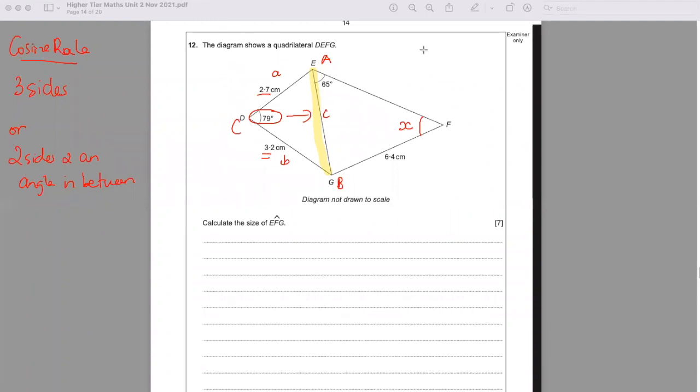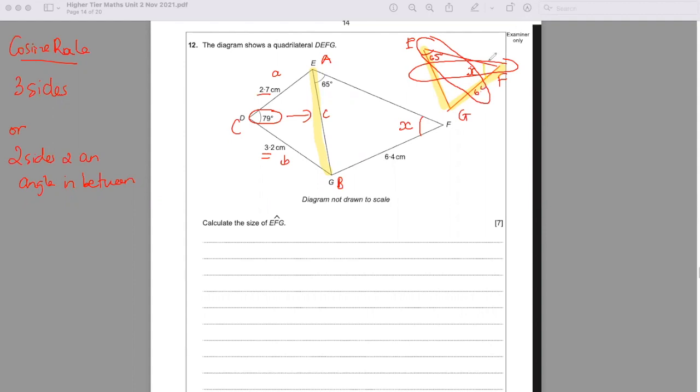So if I just draw that triangle separately, E, G, F. If I know this one here, and I also know this one here, and this one is opposite to the angle X that I need to know. And I also know this one is 65, which is opposite to the side that I actually know, 6.4.